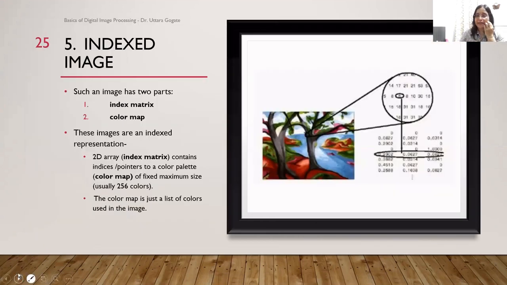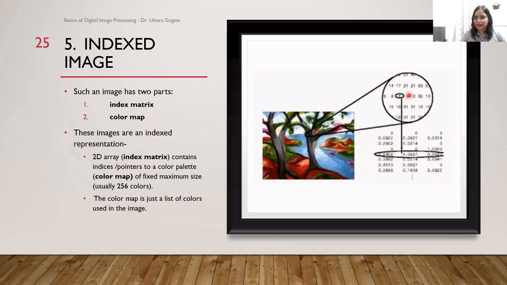And one more type is there, we call it an indexed image. When we have to store a very high amount of data, instead of storing the full pixel values, we store it using certain indices. So there is one index matrix and there is one color map. These two are the index representation of a 2D array: the index matrix containing pointers to the color palette, and the color map, just the list of colors used in that particular image.